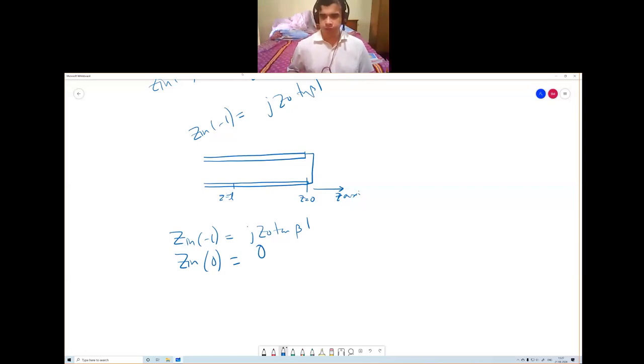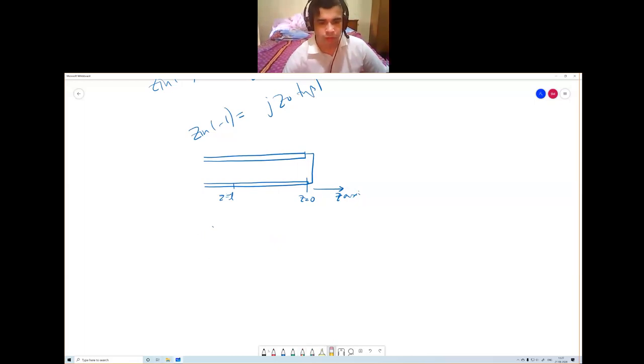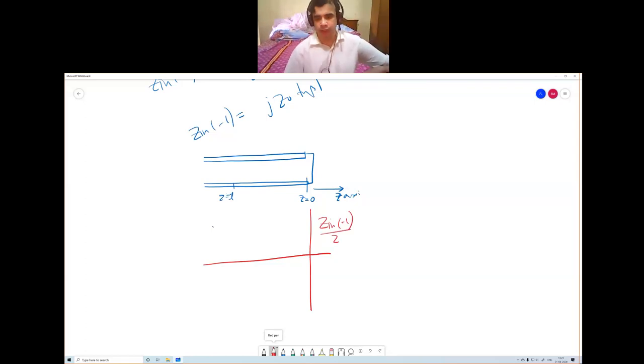Okay. What happens now? If you move in the direction of the minus Z axis, now we attempt to plot Zin of minus L by Z0 along the line. So at Z equal to 0, it is 0.